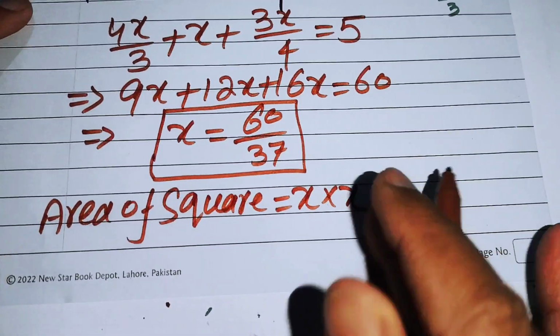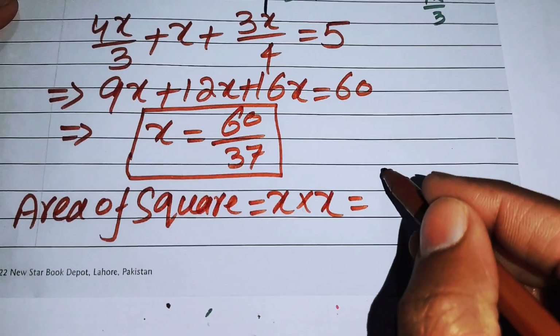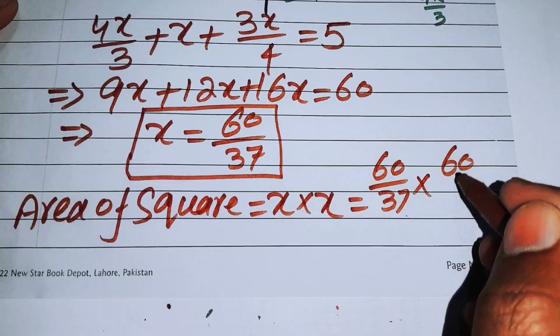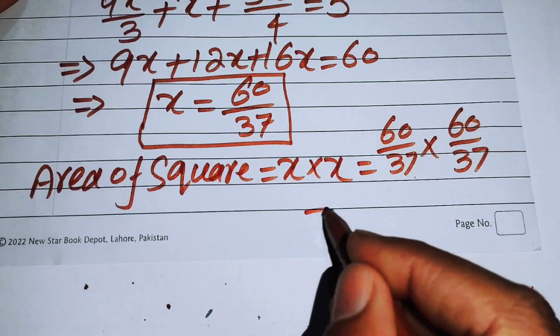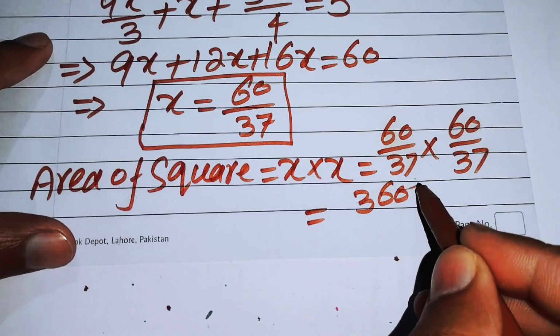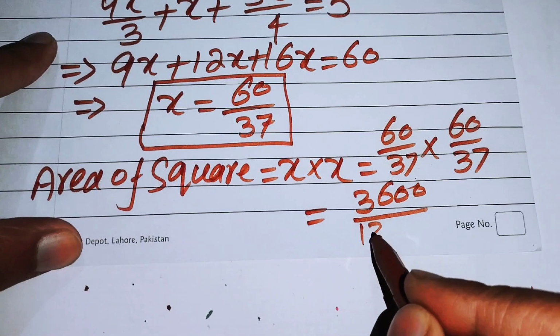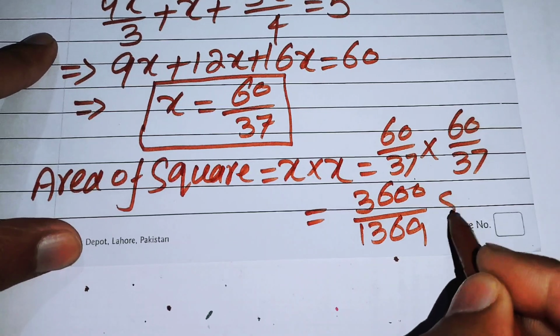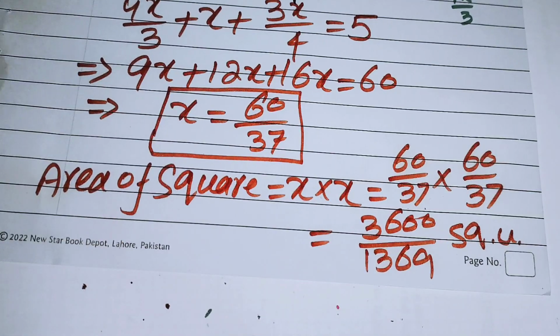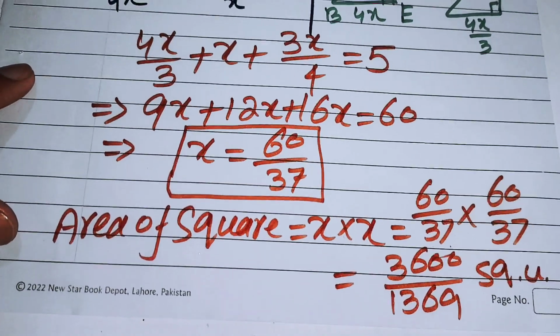So the value of x will be 60 over 37 multiplied by 60 over 37. So when you multiply these values, then you get 3600 over 1369 square units. So this is our final answer of this question.